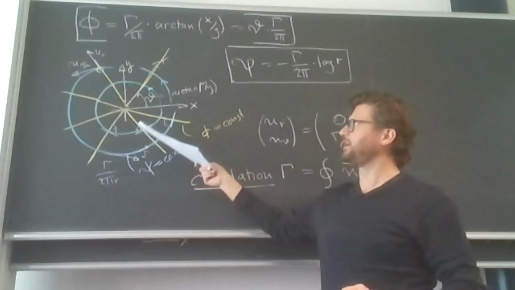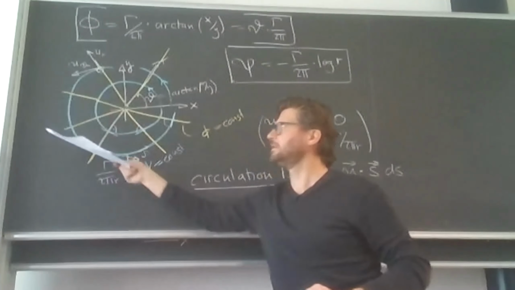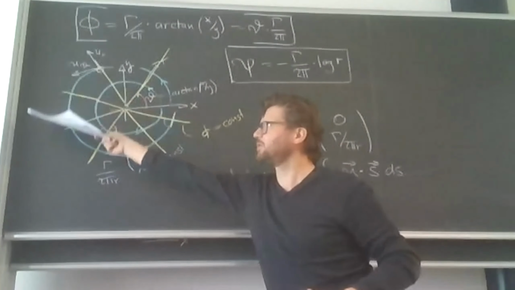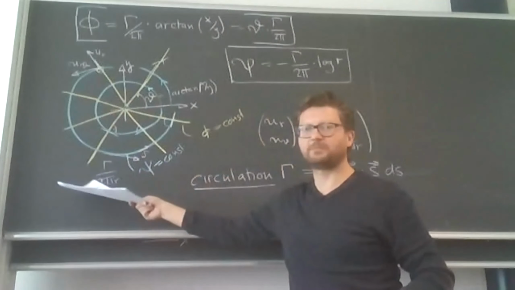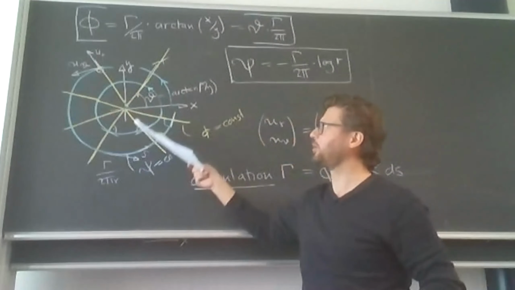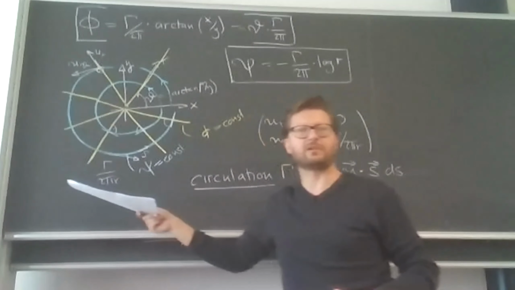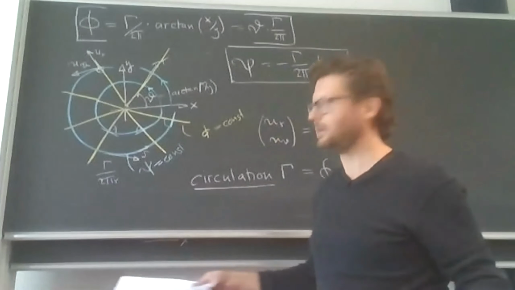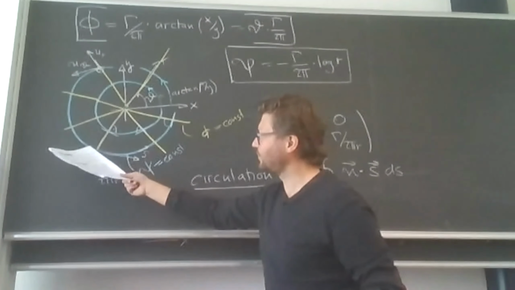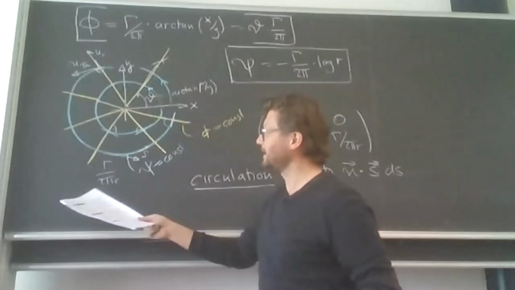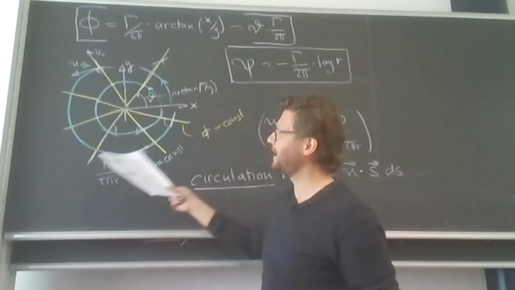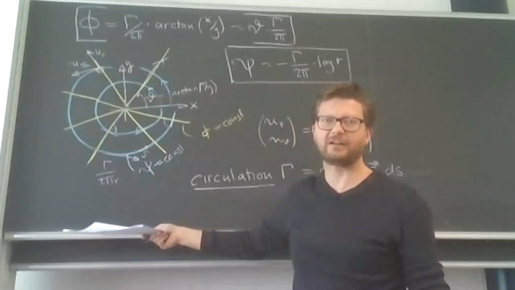And because it's constant along the circle, if we integrate it along the circle, we can just multiply the velocity by the circumference of the circle. What is the circumference of a circle? 2 pi r, okay? So the circulation of this vortex is gamma divided by 2 pi r times the length of the circle, which is 2 pi r.